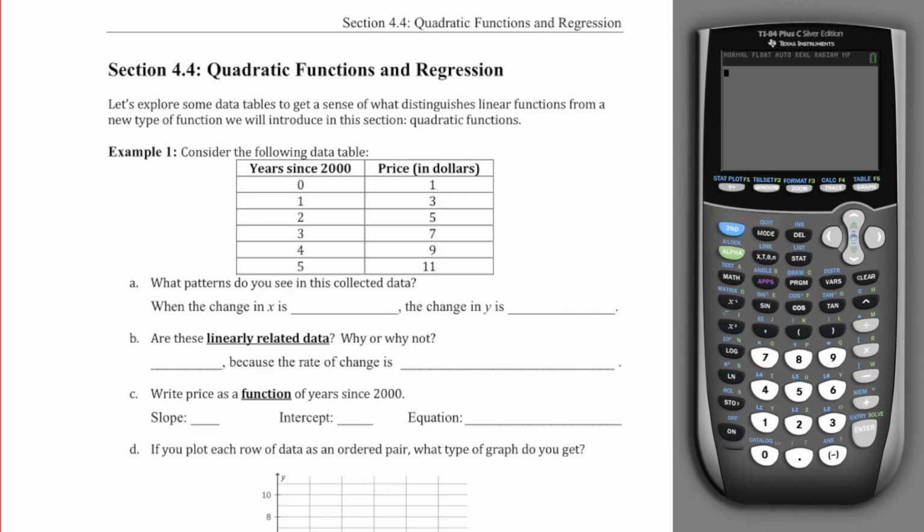So to introduce our first type of nonlinear function, let's start by looking at some input-output tables. So in this example, we have input representing years since 2000. This will be our X variable. And output representing price in dollars of some item. This will be our Y variable. And in this table, we see every time we go down a row, our input increases by 1.